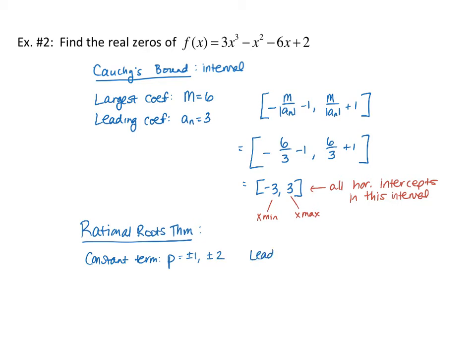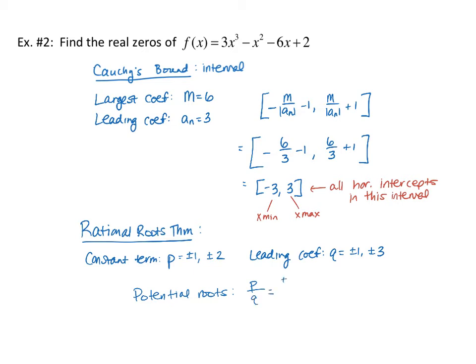Then we're also going to look at our leading coefficient. We used this in the last step, so this is still that positive 3. The factors of positive 3 are 1 and 3. The Rational Roots Theorem then says you can make a list of potential rational roots by taking the p and dividing by the q.